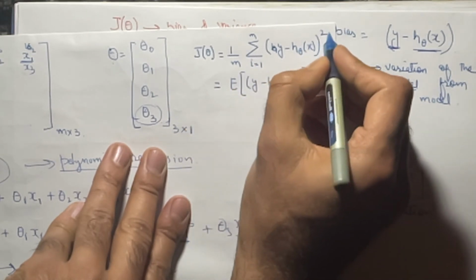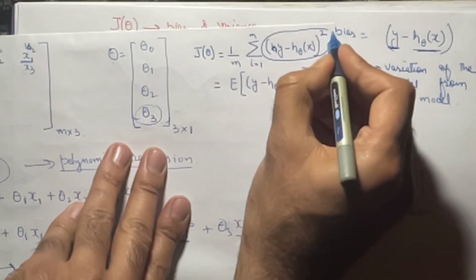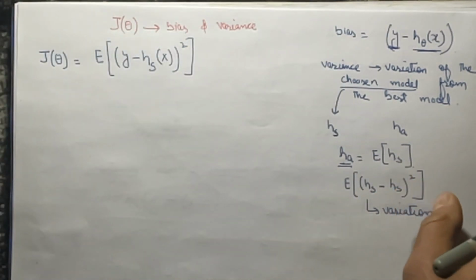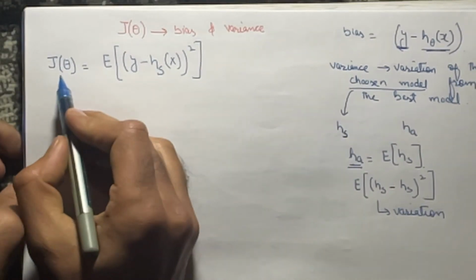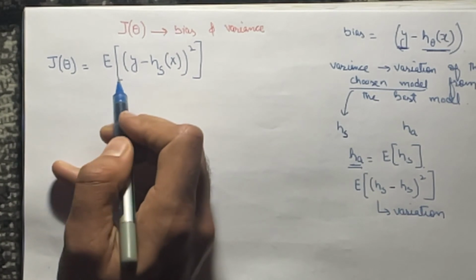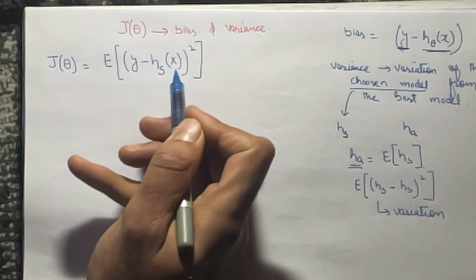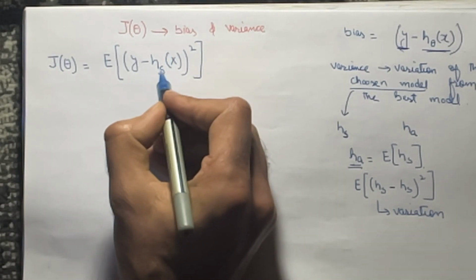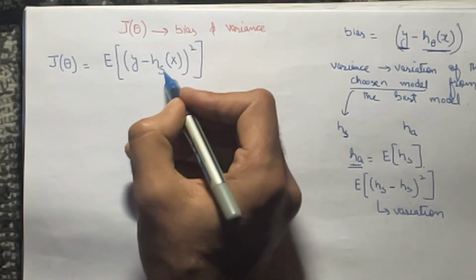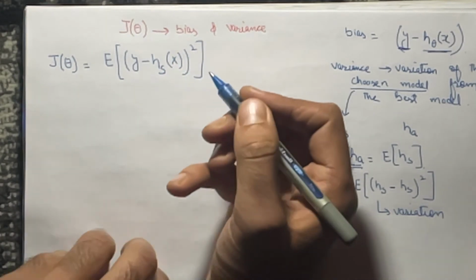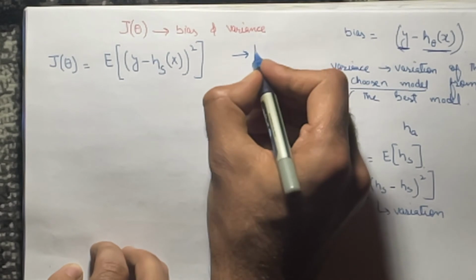So the expected value of this quantity, or we can say the average of this quantity. That is why I am writing that this particular error is equal to the expected value of y minus h theta of x, whole square. Okay, so what I am saying is that I am choosing a model.